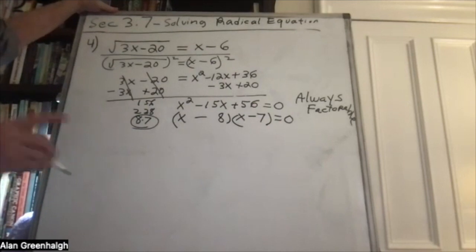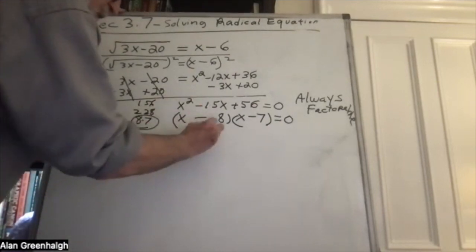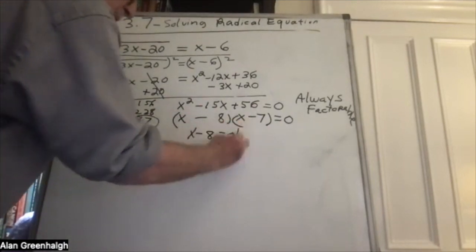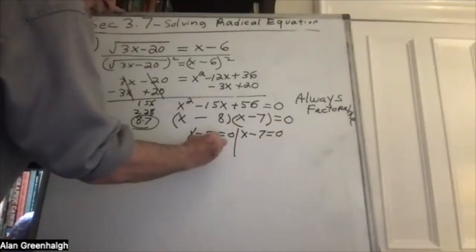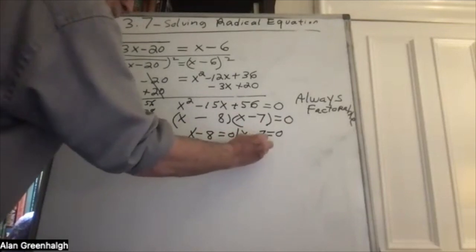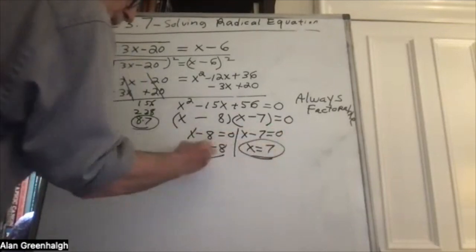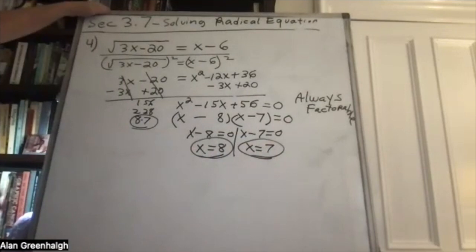So that's good. Now you set each factor equal to 0, and x will equal 8 and x will equal 7. And we think these are the two answers.